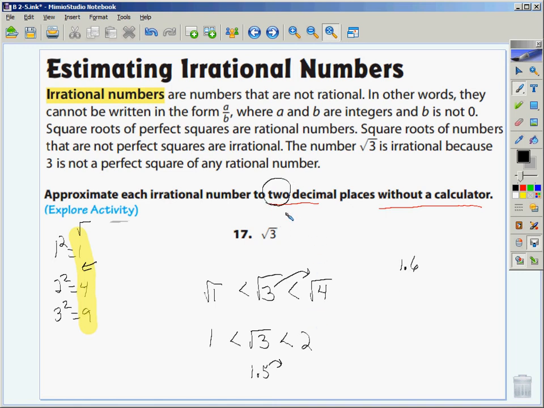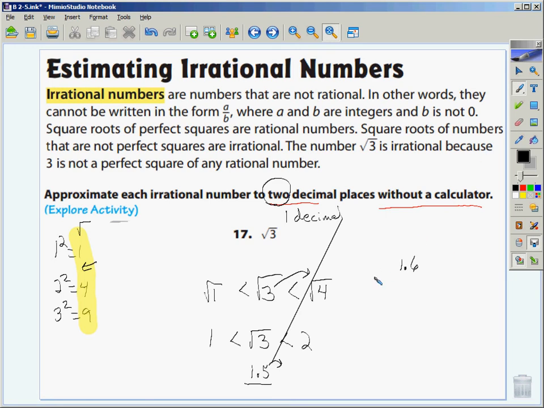If you can get to 1 decimal place, meaning you're on the right side of 1.5, I'm okay. In other words, I don't want you to put down 1.5 here. I don't want you to put down 1.4. 1.6, 1.7, I'm certainly okay with.